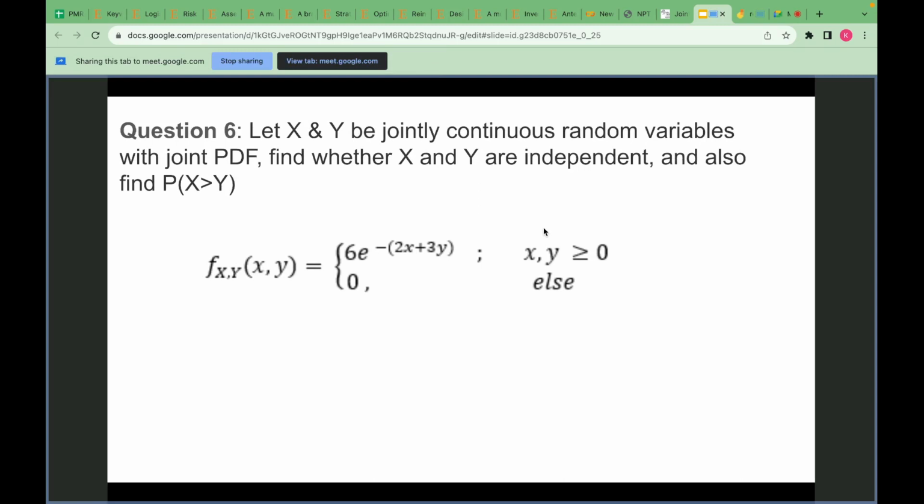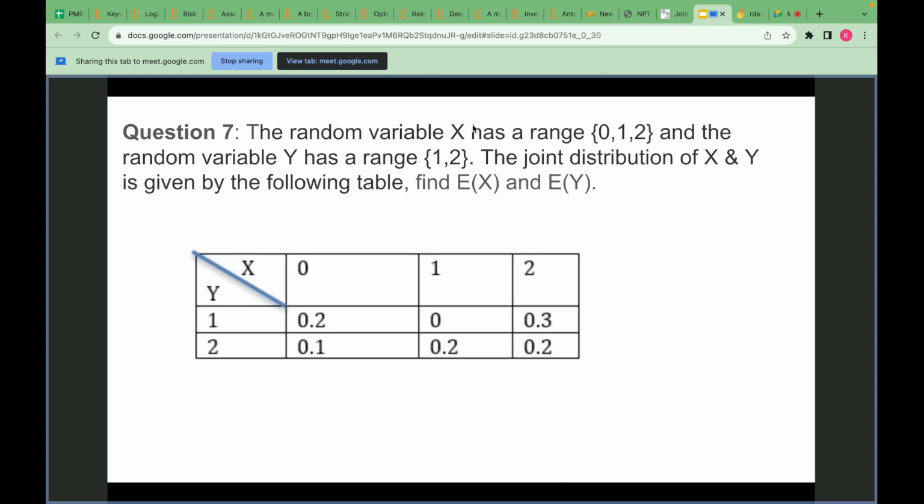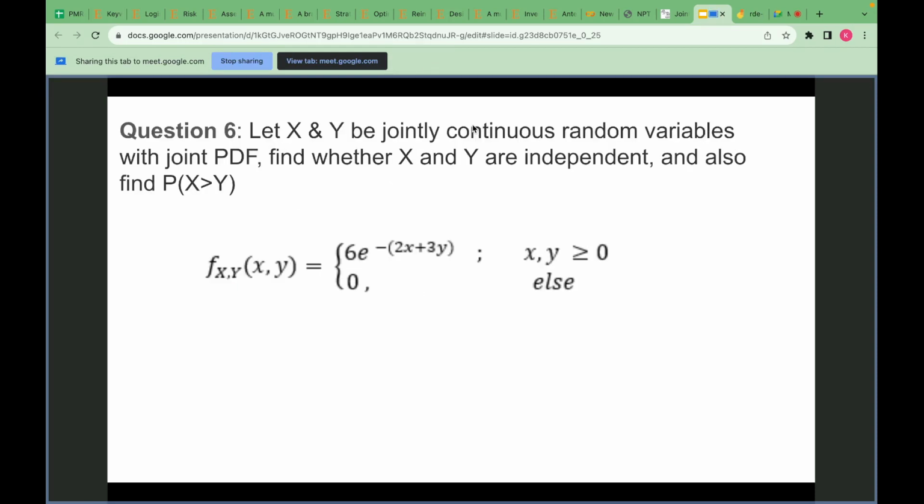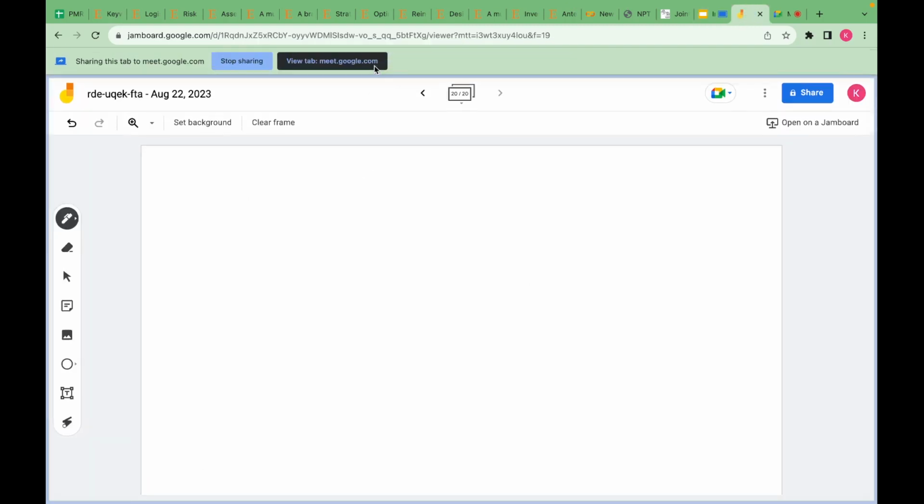Now our next question is to find the probability that x is greater than y. Okay, this is x is greater than y. So we need to find the probability that x is greater than y.